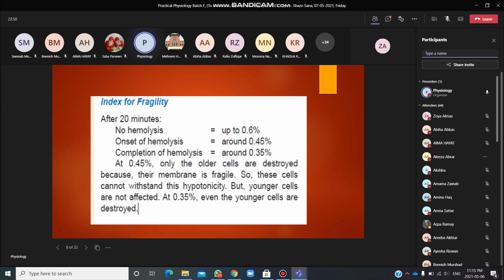The onset of hemolysis is around 0.45% and completion is at 0.33 or 0.35%. At 0.45%, only the older cells are going to be destroyed because their membrane is very fragile. These cells cannot withstand this hypotonicity, but younger cells are not affected at 0.45%. But at 0.35%, even the younger cells are going to be destroyed.